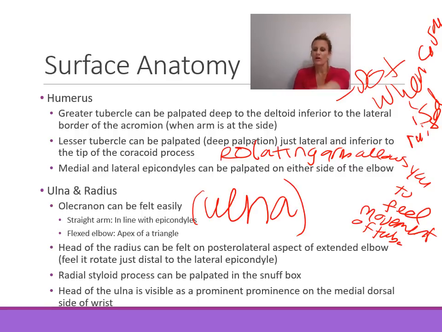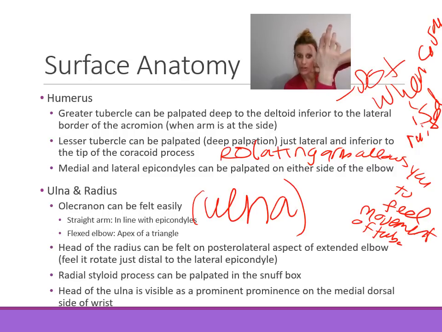The styloid process of the radius can be felt in the snuff box. Remember the snuff box? If you abduct your thumb like this, you can see the snuff box right here. So if you palpate in there, you can feel a bony protrusion sticking out.